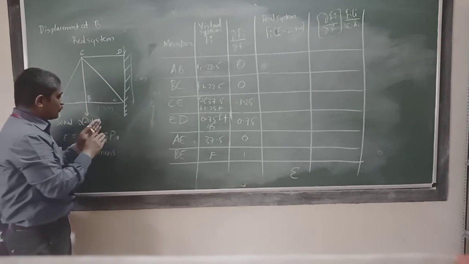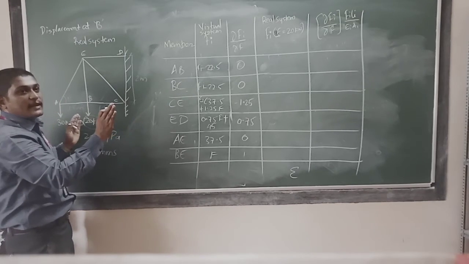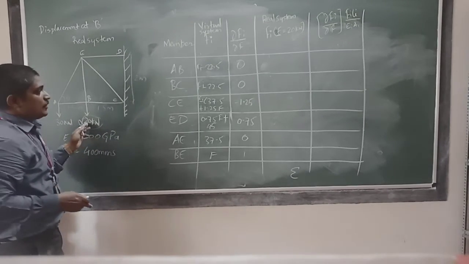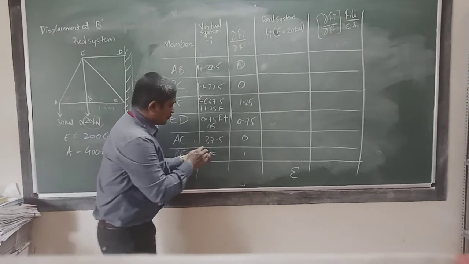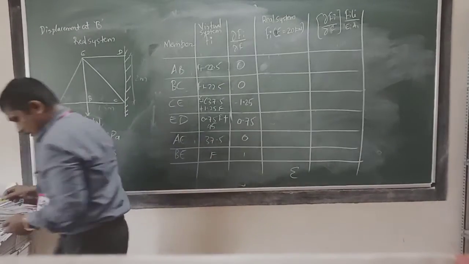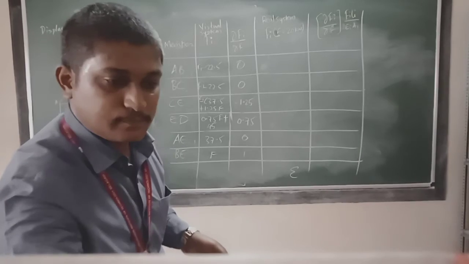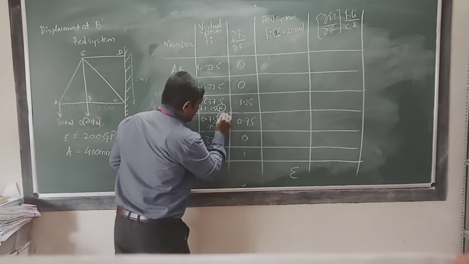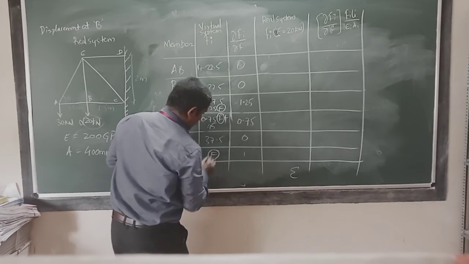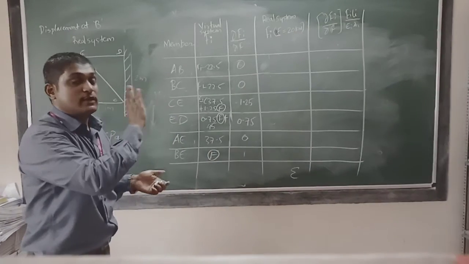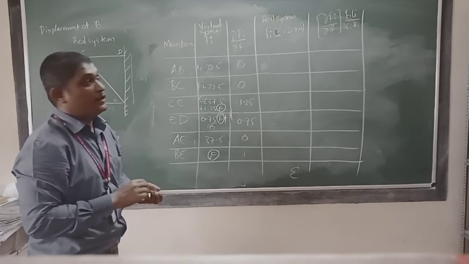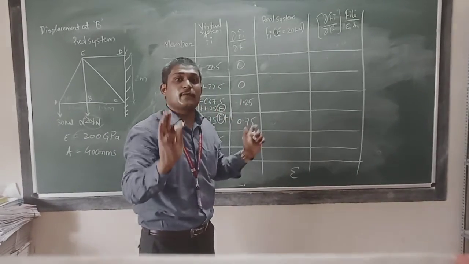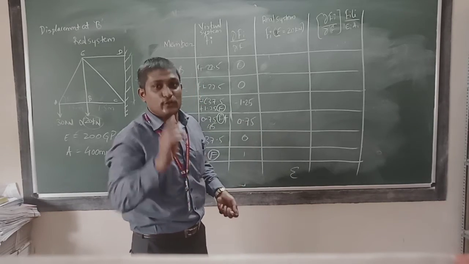Here only what you have to do, remove the imaginary force F and inject your real load 20 kN. So in this equation, see, if I show you with a different color, here one F is there, here one F is there, here one F is there. Wherever F you are getting, there you have to substitute that real load 20 kilonewton, so that in this column whatever forces come, these are the member forces developed due to the actual structure.